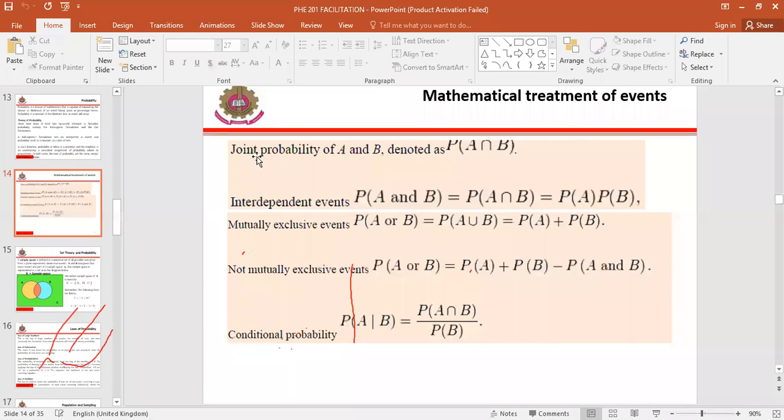The first one is that you can have joint probabilities, interdependent events, mutually exclusive events, not mutually exclusive events. Then we have conditional events, which is also conditional probability. You may not really bother yourself much about this, but the reason I'm explaining this is just for you to have a kind of overview of what we have done here.